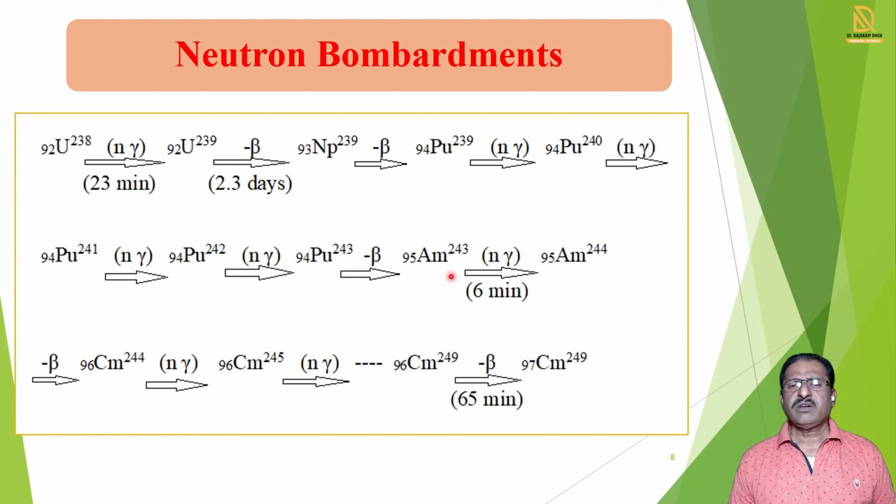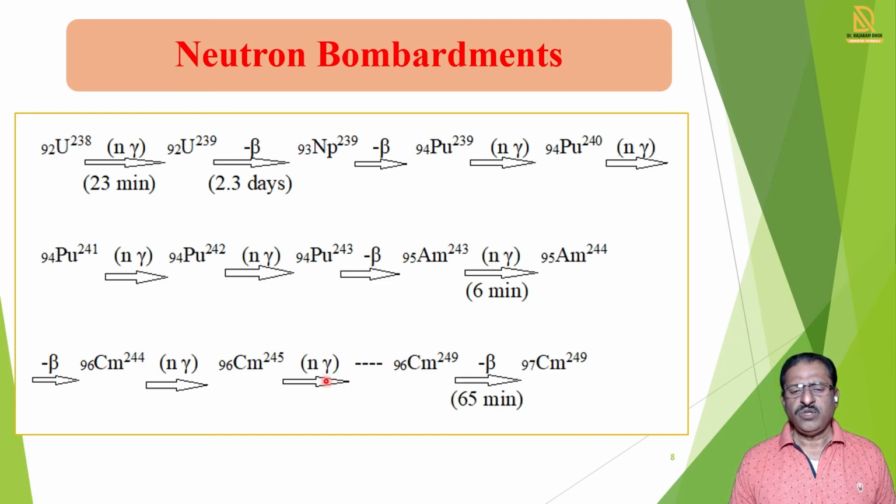To make it unstable, we again bombard the neutron, and this 243 is converted into 244. This 244 is unstable. It eliminates one beta particle and forms the next element, 96 Cm 244. This is stable, so we bombard the neutron and the N gamma reaction is carried out. We get Cm 245. Again it is stable, so the N gamma reaction is carried out.